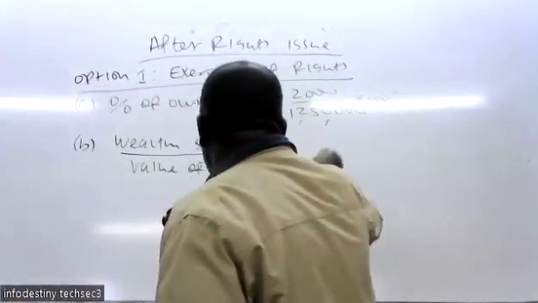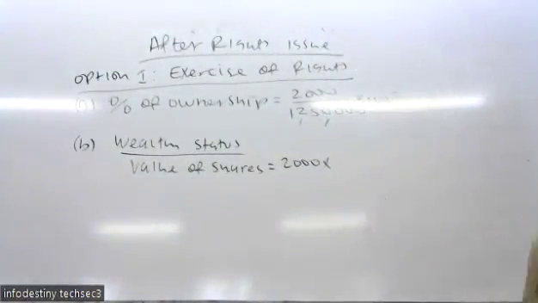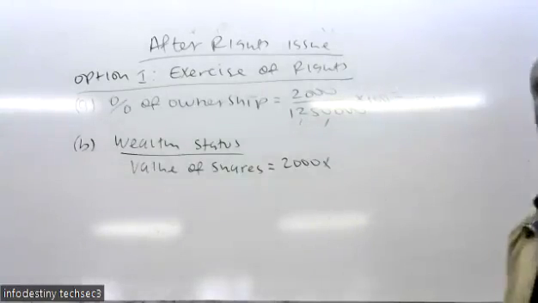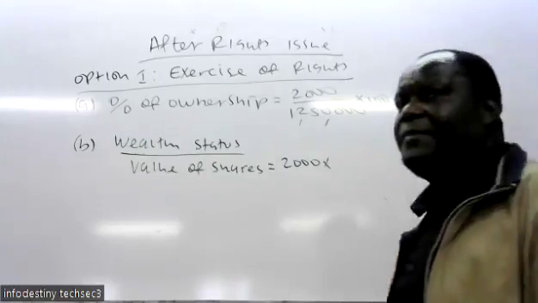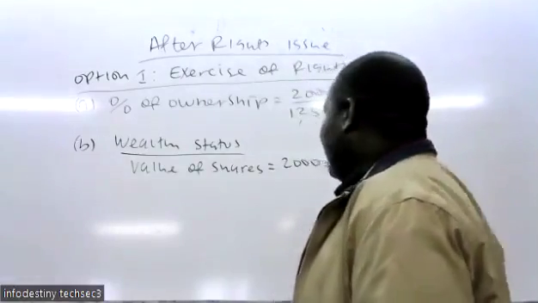He has 2,000 shares. But remember I said after the rights issue, all shares are valued at the theoretical ex-rights price. Remember it was how much? So multiplied by 90.